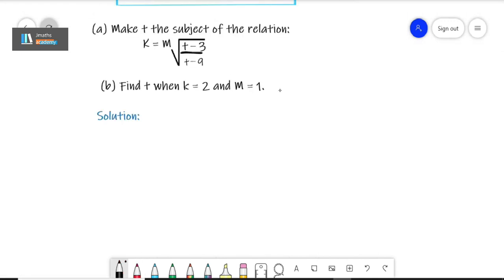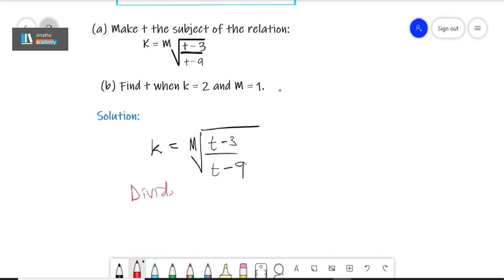So from our question, we have our equation to be k is equal to the mth root of t minus 3 over t minus 9. To make t the subject of the formula, we first divide both sides by m.